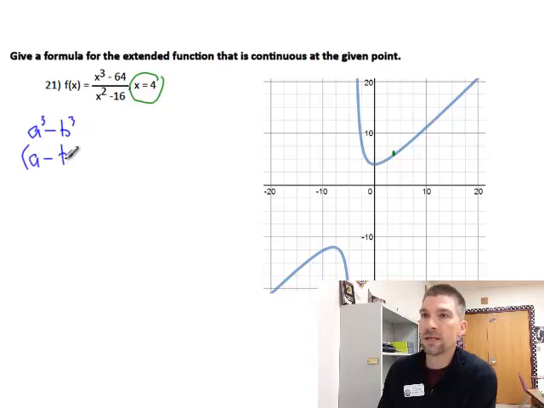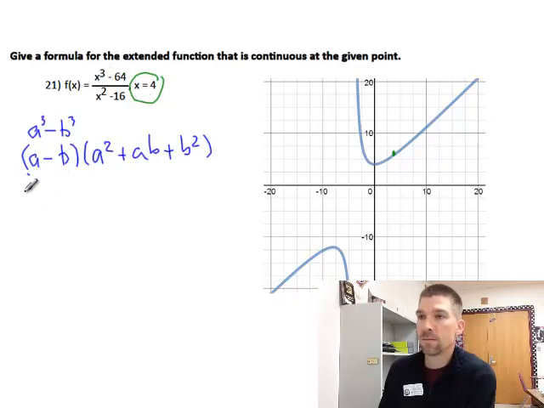And so basically my x cubed minus 64 becomes x minus 4 times x squared plus 4x plus 16, all over, and then factor the bottom also, x plus 4 times x minus 4.